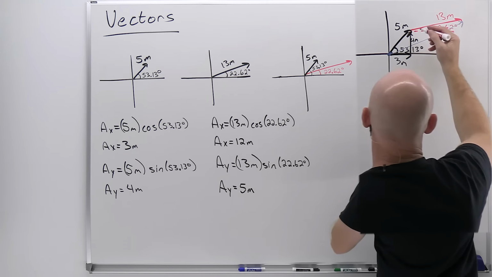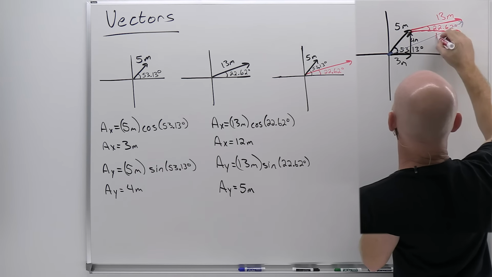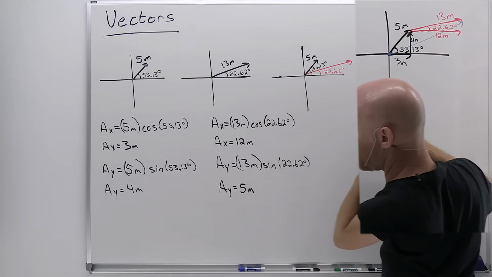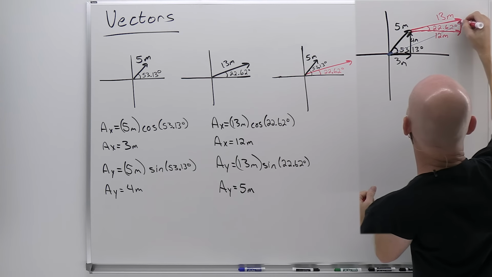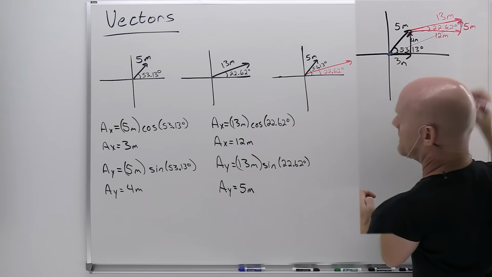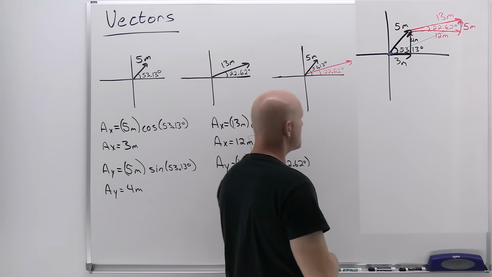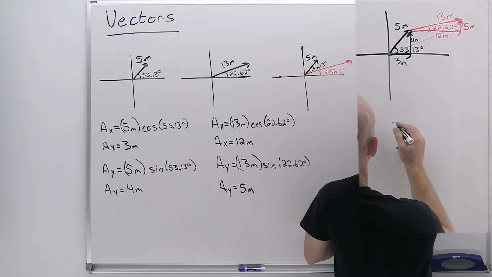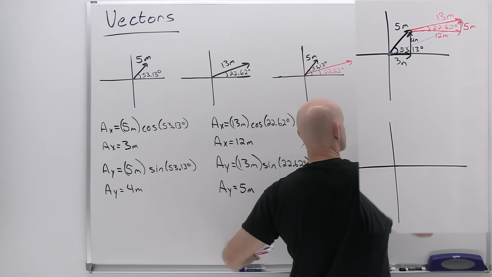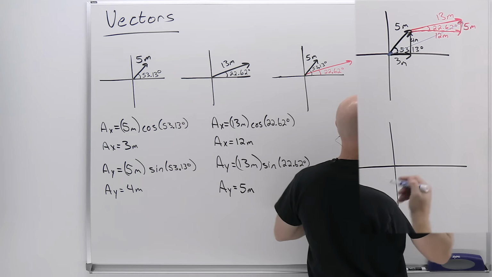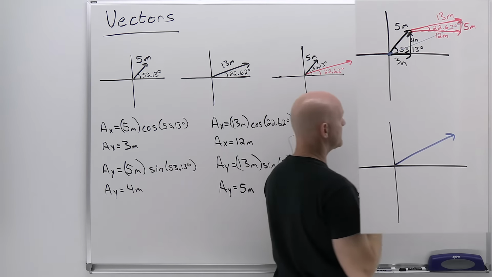And then for the other vector in red, we had an x component that was equal to 12 meters, and we had a y component that was equal to 5 meters. Okay, and so if we go back one more time here, all I want this time is actually that resultant vector we drew in blue. That's what we're looking for.